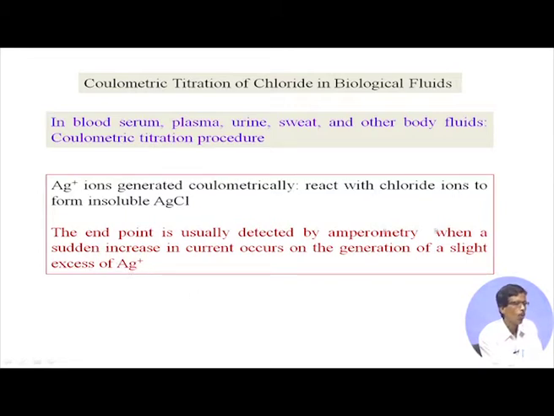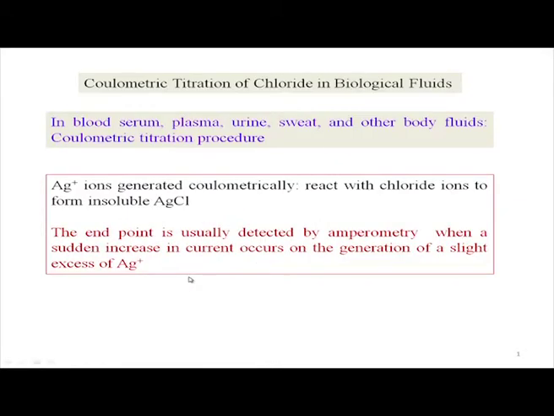Why do you have the slight excess of silver ion in the medium? Because your chloride has all been exhausted. Whatever chloride ions you had earlier in these biological fluids has all been consumed. That is the typical process we follow for any titrimetric method: the silver ion will now be in excess because we are titrating everything with silver ion.